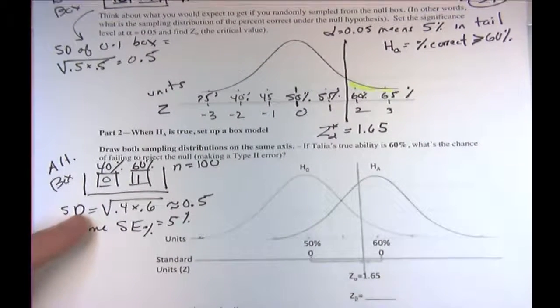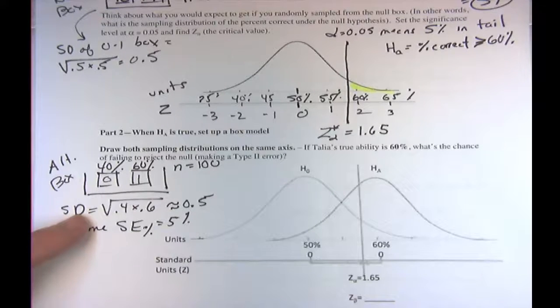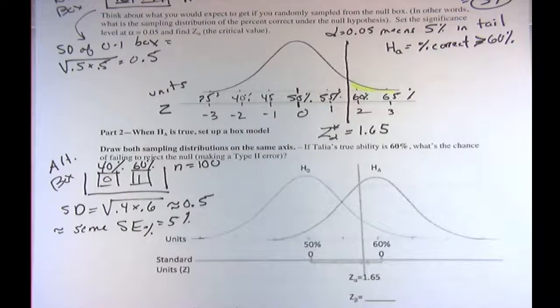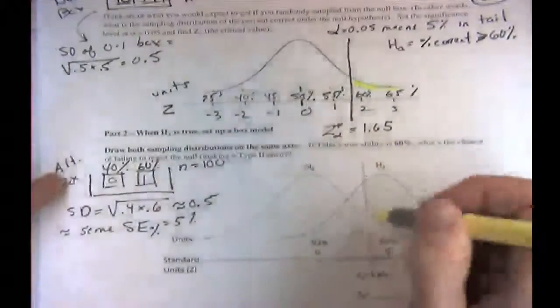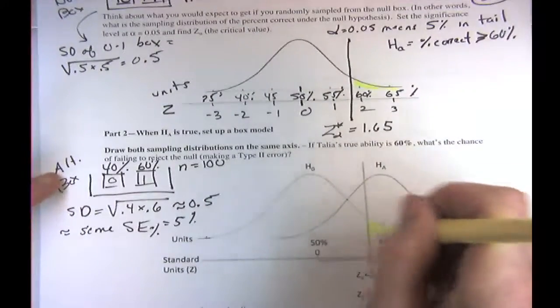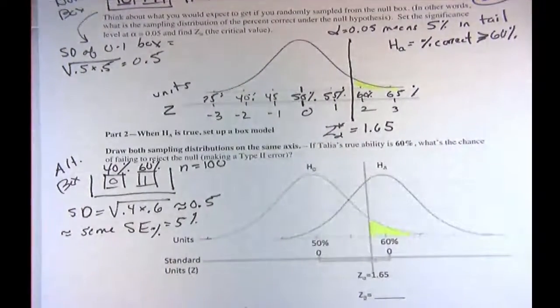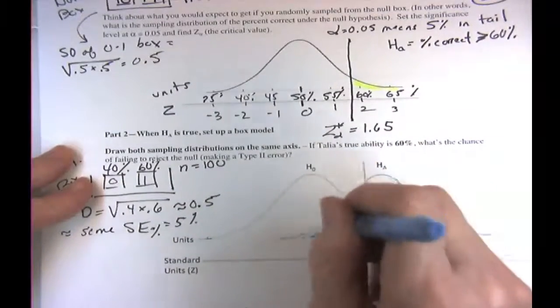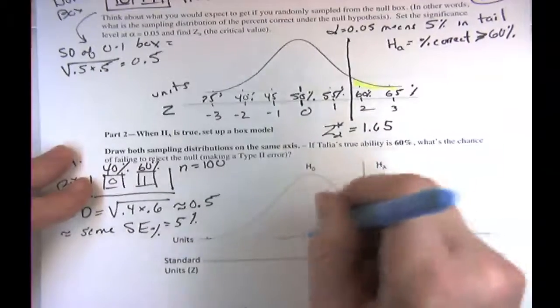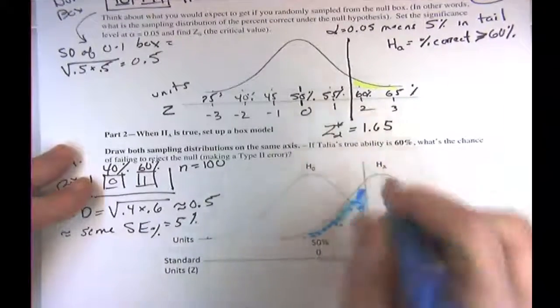Our goal is to calculate the probability of a type 2 error. So here's our null cutoff of 1.65, and this is our type 1 error, and we set that at 5%. But we want to calculate this probability here, this whole area.